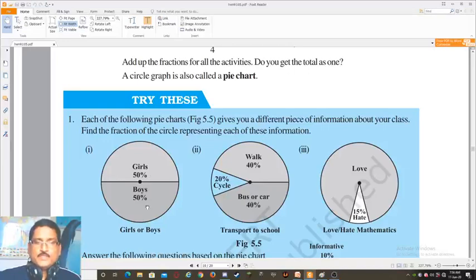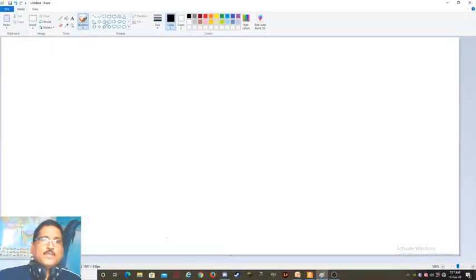How to represent it in terms of degree? 50% means 180 degrees, but how will we do it? Girls' share is 50%, fraction is 50 upon 100, and degree will be what? 1 by 2 into 360, 180 degrees. I can do it, no problem.